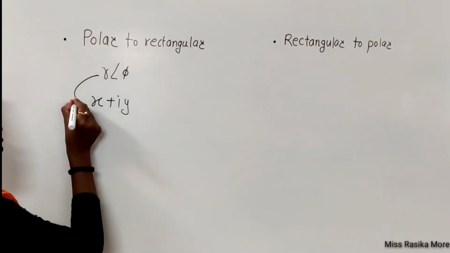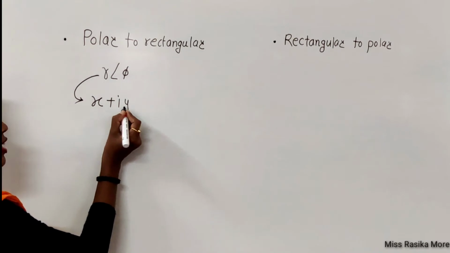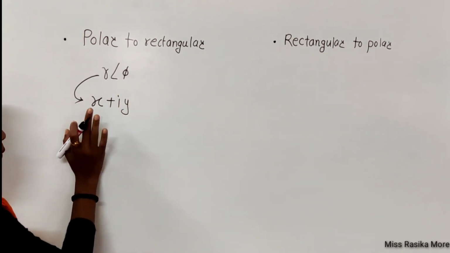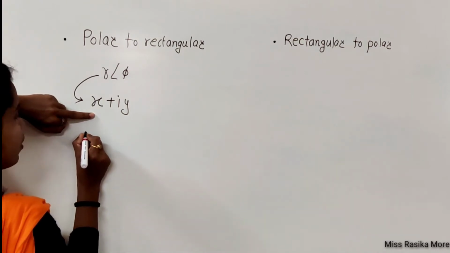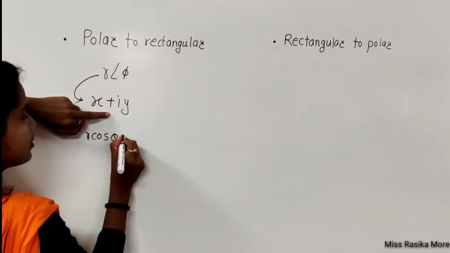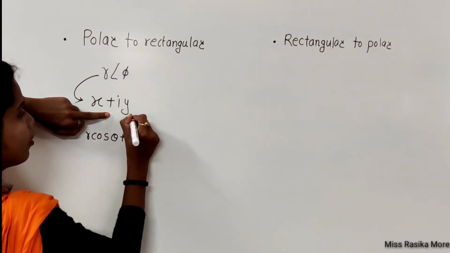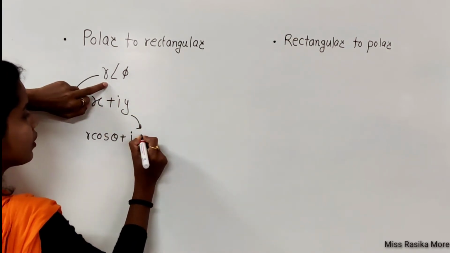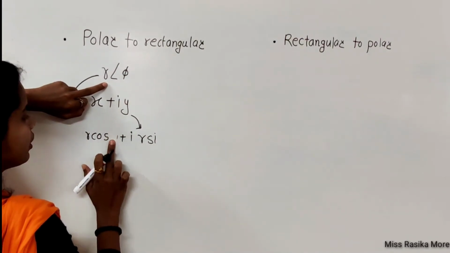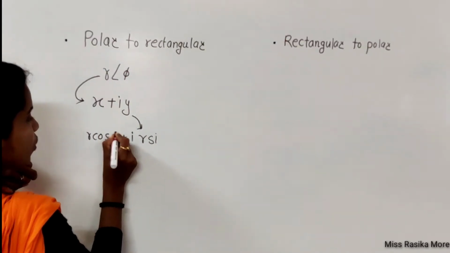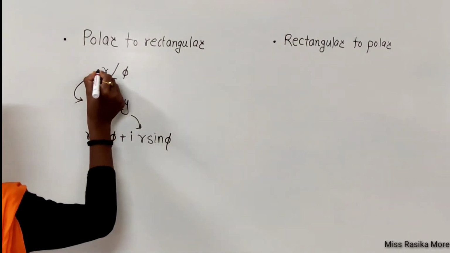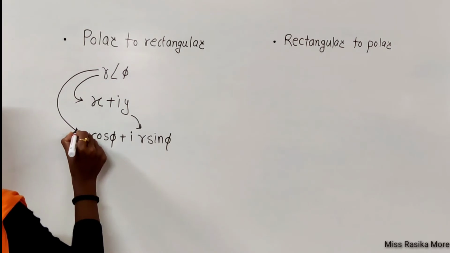So from this to this, how can we get x and y? x means the x component of polar and y means the y component of polar. So x is equal to r cos phi plus j, and y means the y component of polar, that is r sin phi. So this is polar to rectangular form.